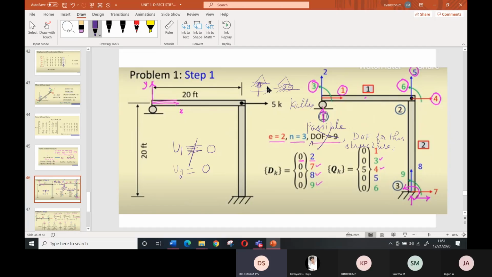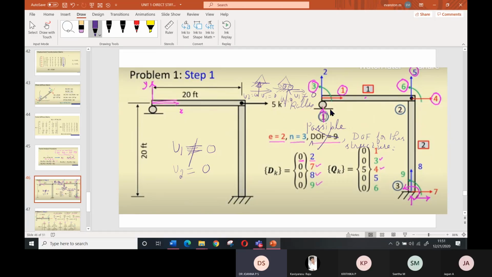So both will be equal to 0. U1 is equal to 0 and U2 is also equal to 0. When you take this roller support, U1 will not be equal to 0, but U2 is equal to 0. Vertically it is sustained, but horizontally it will move. That's the difference between the roller support and the hinge support.